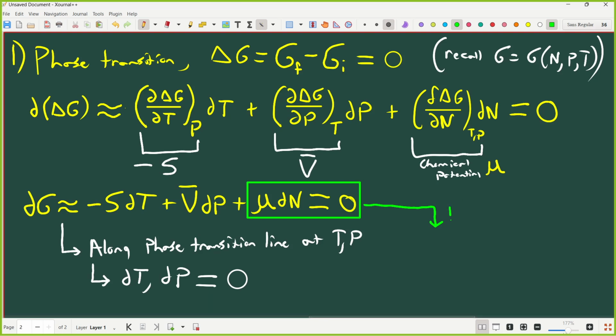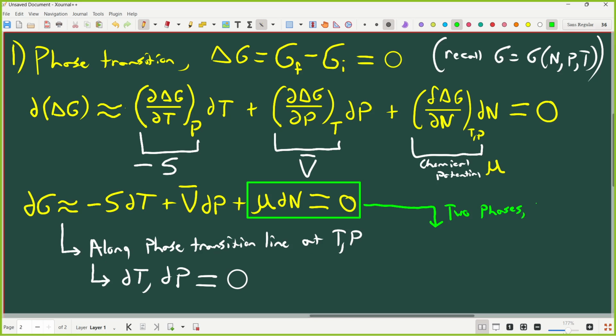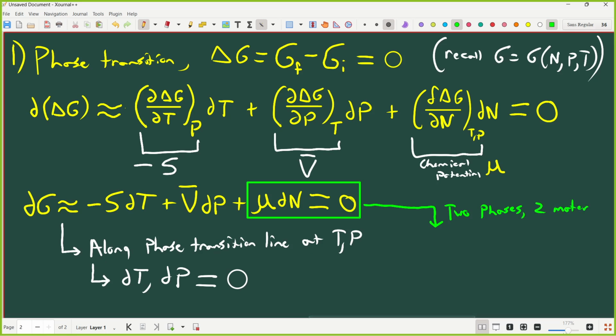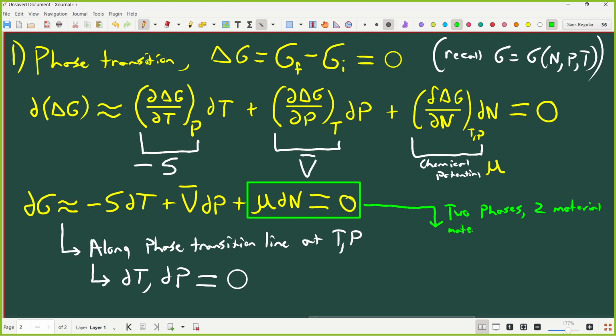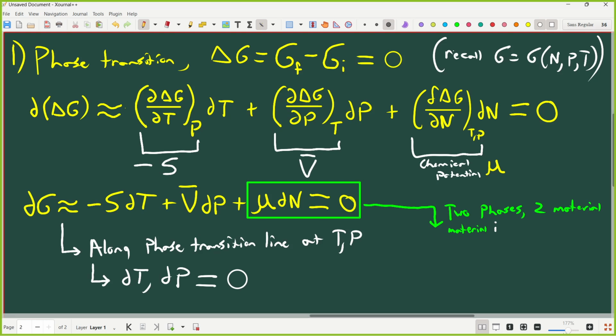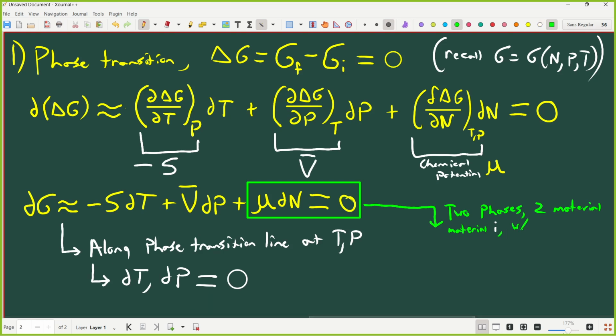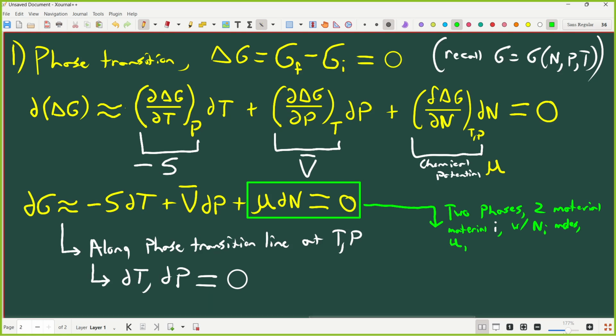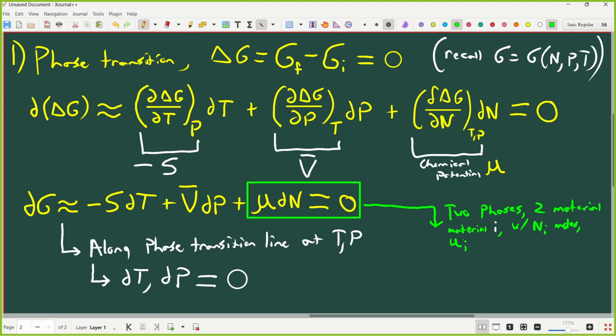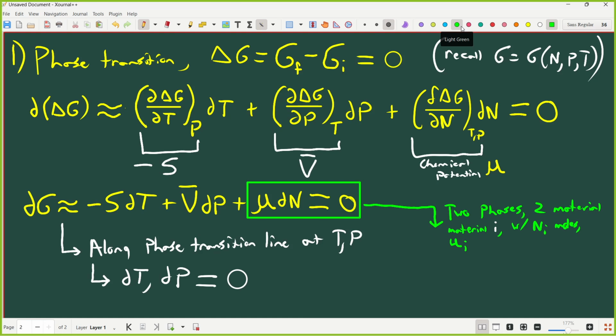And so now we have two phases and two materials, right? We have our initial phase, material I, with N sub I moles, and chemical potential mu sub I. And we have material F, which is our final material, which would be, like, say, liquid and gas.